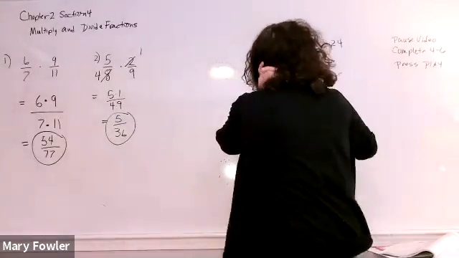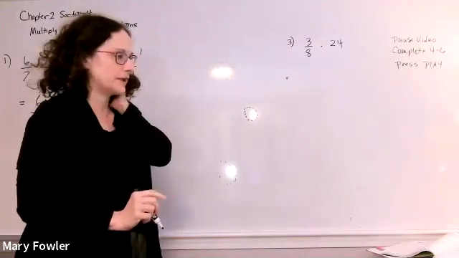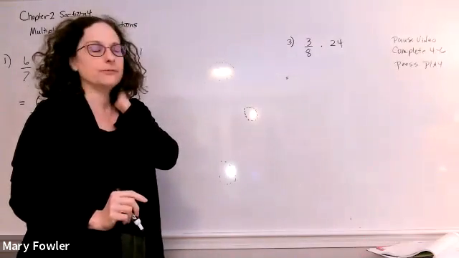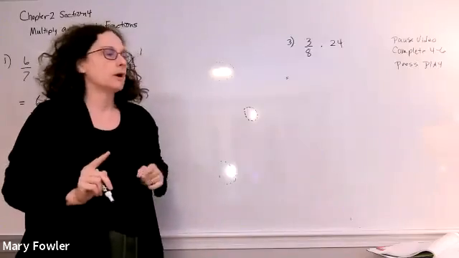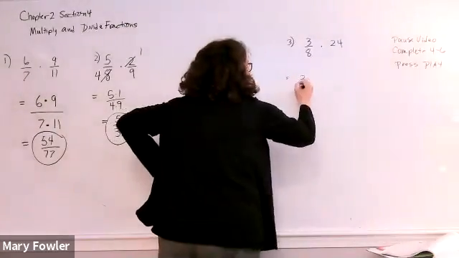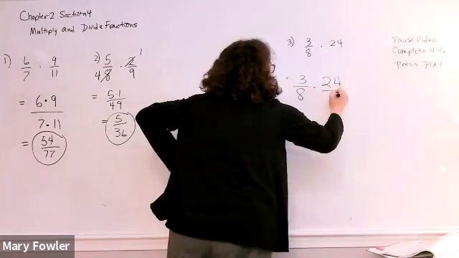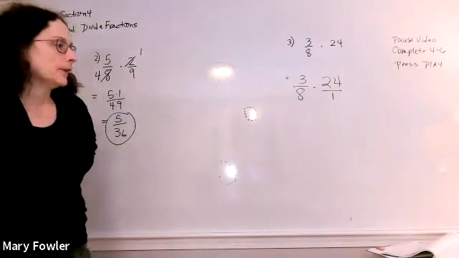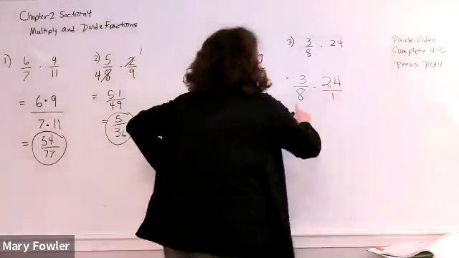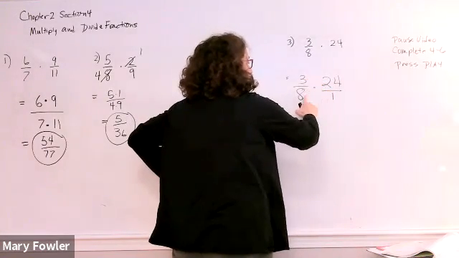All right, number 3, I'm asked to multiply 3/8 times 24. So I'm going to rewrite the 24 as a fraction, and any whole number can be written as a fraction with the denominator of 1. Now looking again to see if there's anything I can do to reduce.